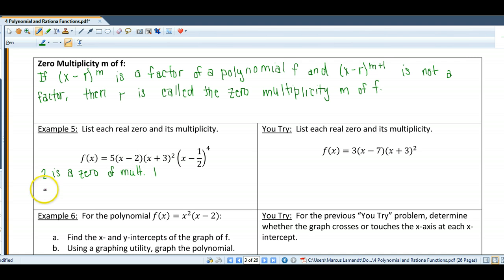Okay? -3 is a zero of multiplicity 2. And 1/2 is a zero of multiplicity 4. Should be pretty easy. It's just whatever the power is for that particular zero. I'll let you guys try the u-try problem.